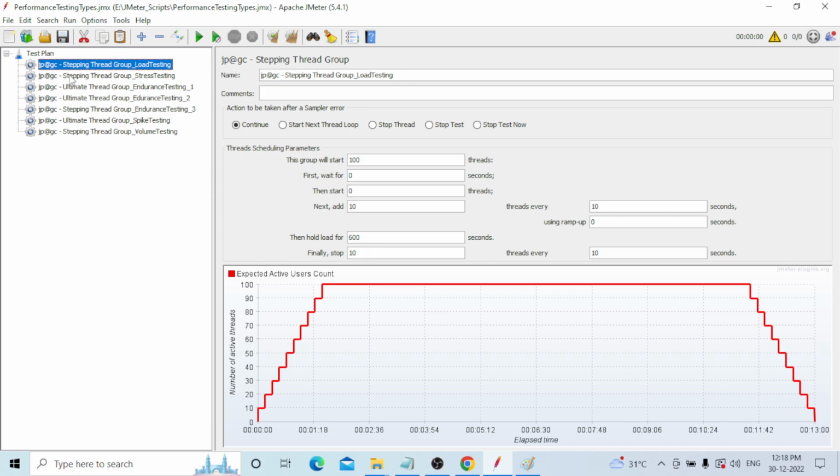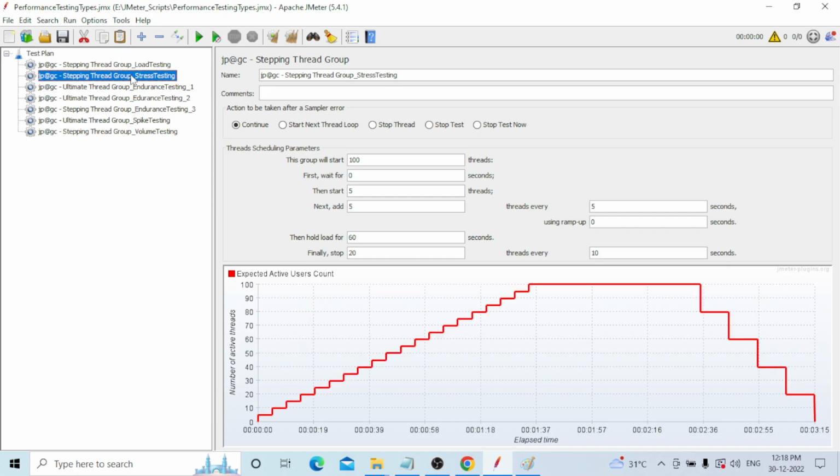Second, I also use the same stepping thread group for stress testing. The main intention of stress testing is to find the unexpected load and the server breakdown point. How do I design that? You can see a total of 100 users, which I mention for validation purposes, but on the application side you keep on increasing the user load and never stop.